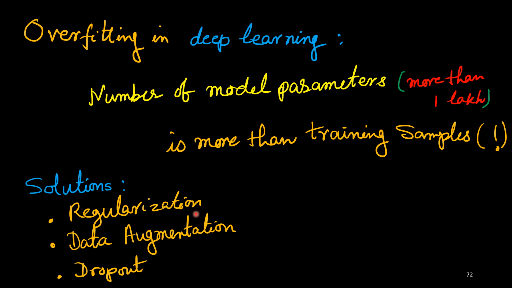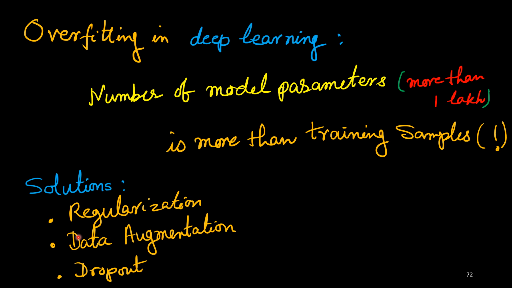We can add a penalty, and keep the parameter vector under a certain control. The second solution could be to increase the number of data. If the model parameters are 1 lakh, and our training samples are 5 lakhs or 6 lakhs, then it is fine.